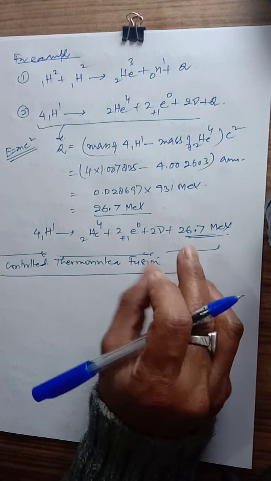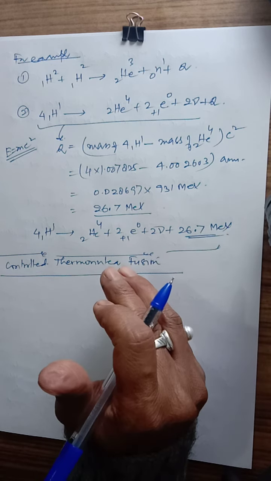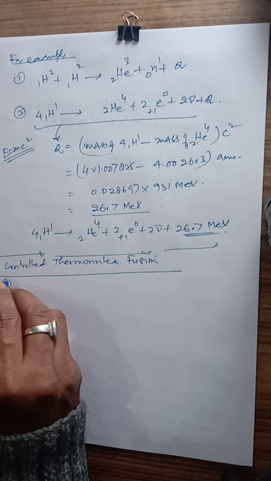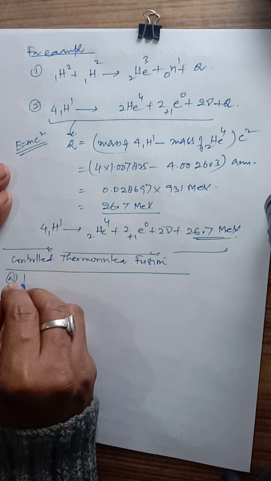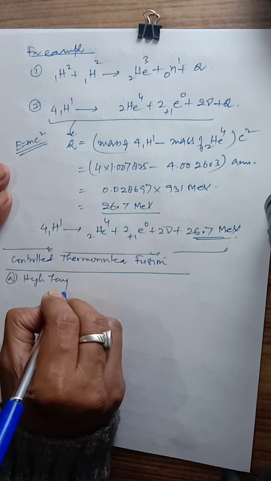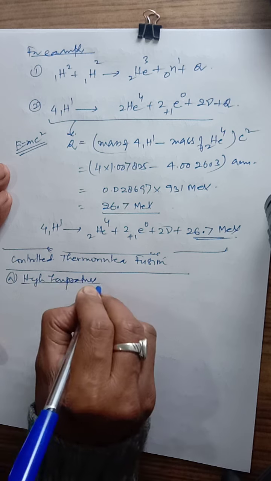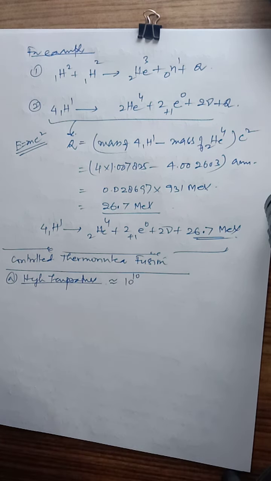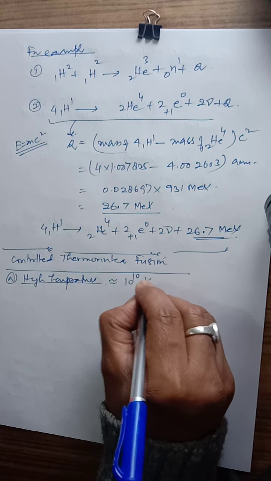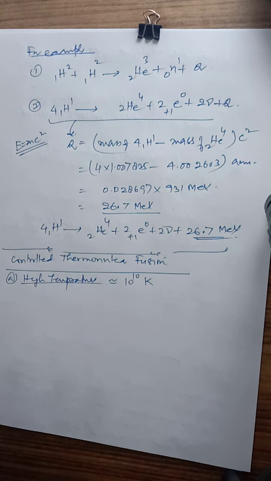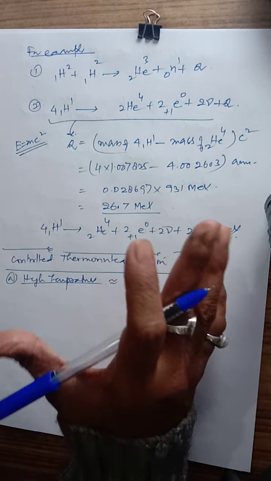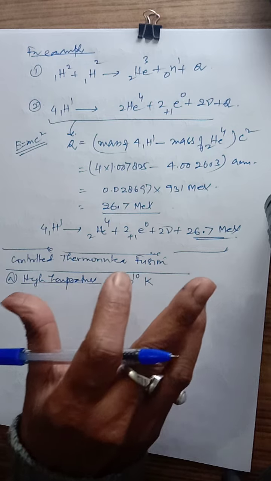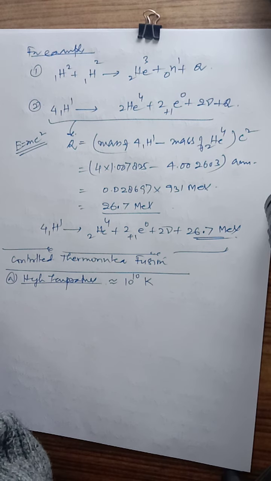The main requirements for controlled fusion reactors are, number one, high temperature. A temperature near about 10 raised to the power 10 Kelvin is needed for the particles to fuse and become a big nucleus.